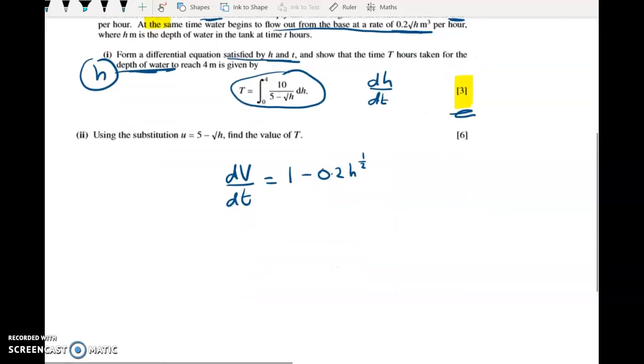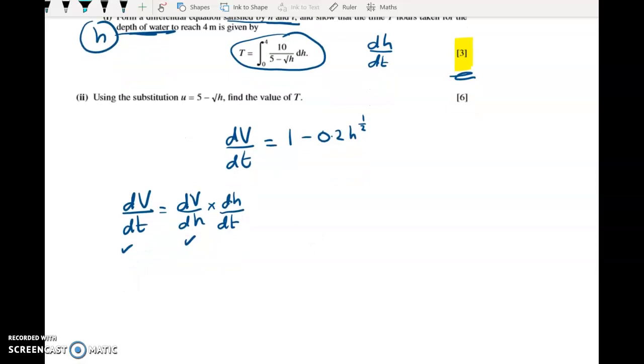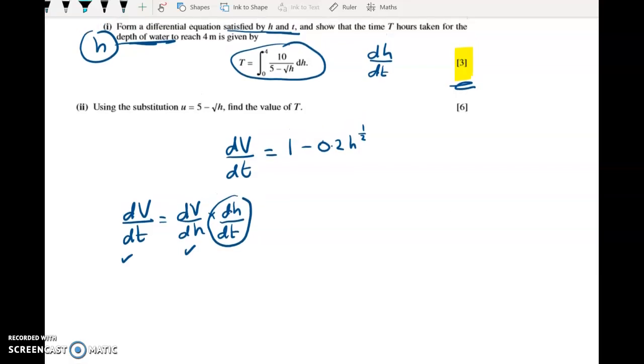You could have done it some different ways, but I looked at dV by dt and said that by the chain rule, that's equal to dV by dH times dH by dt. And we know this one, and we know this one. So we're going to get an expression for dH by dt, and then we're going to solve the differential equation. And we're interested in how long it takes for h to get to 4.